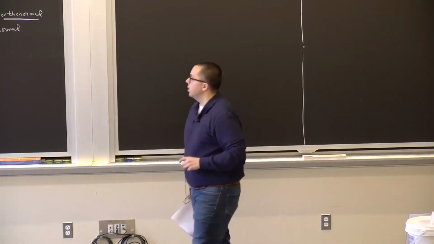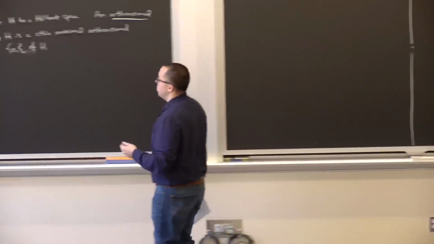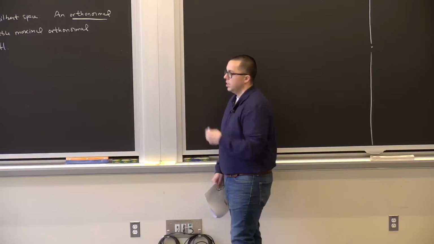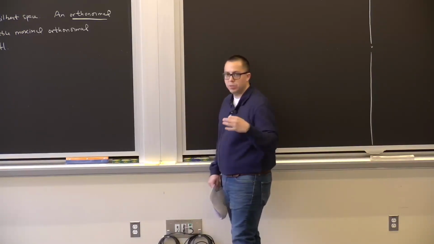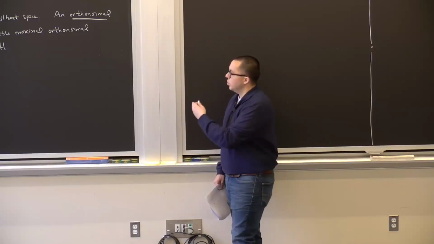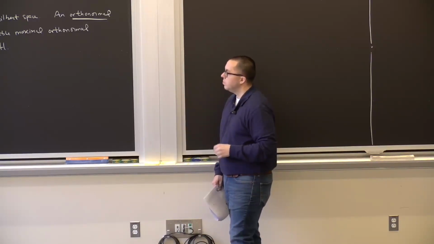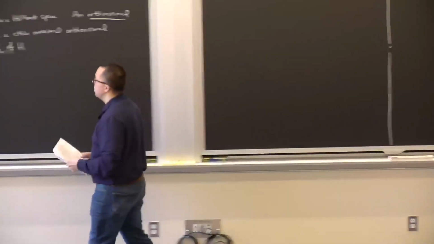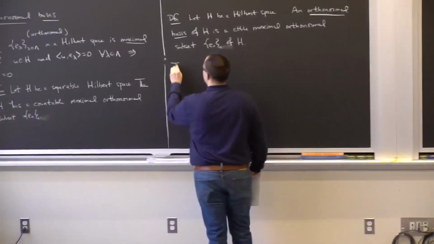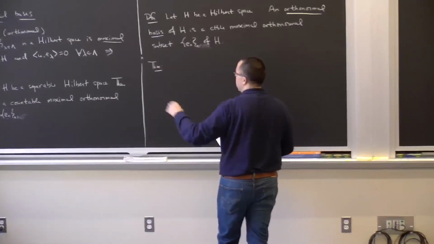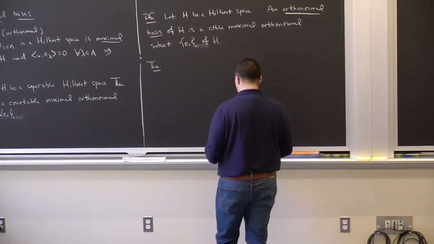In what sense does this connect to what we've encountered in finite dimensions? As stated in the next theorem, every element can now be written as an infinite linear combination of elements of an orthonormal basis, not necessarily finite.